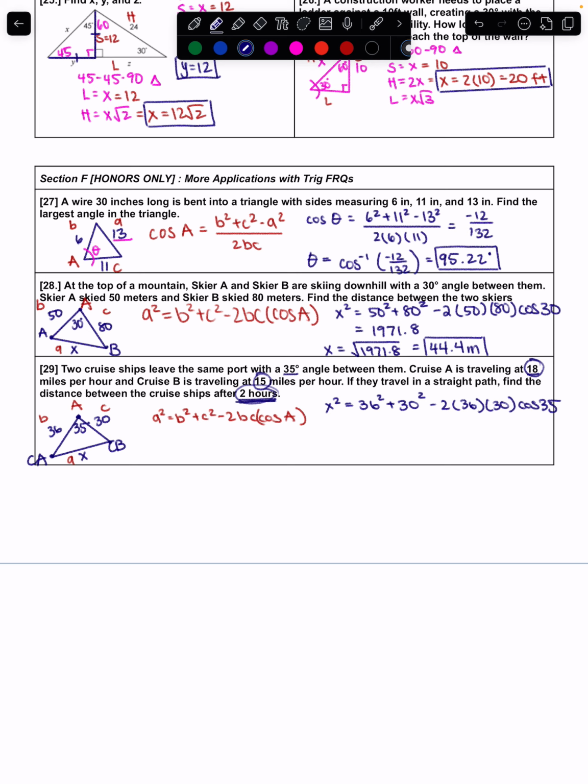So 36 squared plus 30 squared minus 2 times 36 times 30, and then cosine 35. Okay, so I got 426.63. So to find my distance between the two cruise ships, I have to square root the 426.63.